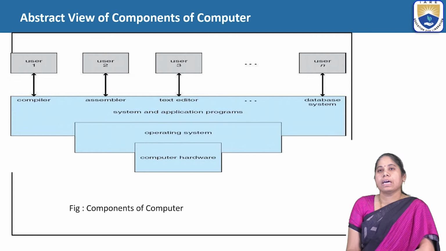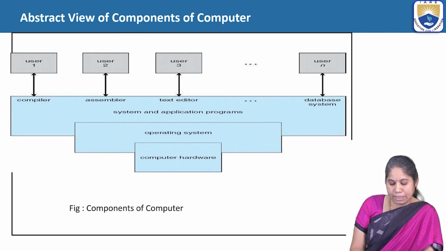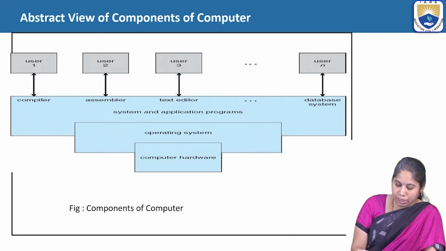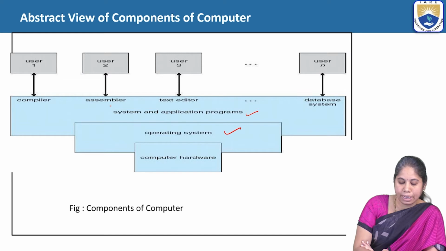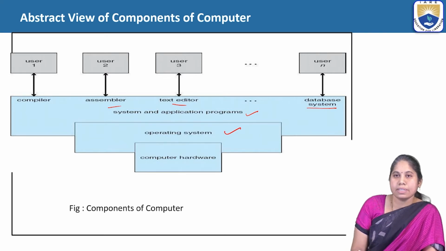So this is the abstract view of the computer, which we discussed previously. Here we have the computer hardware, operating system, and system and application programs. If you observe, compiler, assembler, text editor, database system and so on are different system and application programs, and different users are using the system.